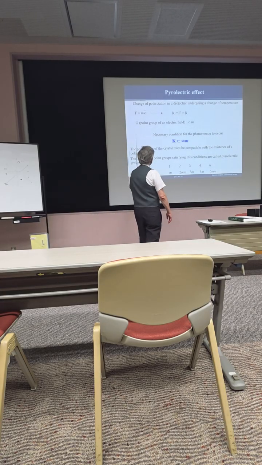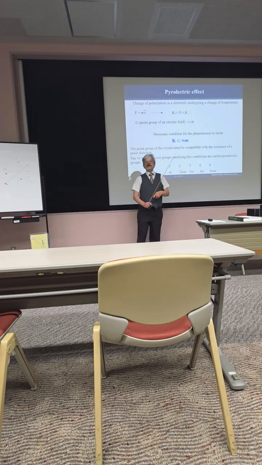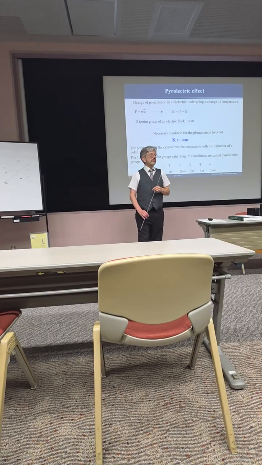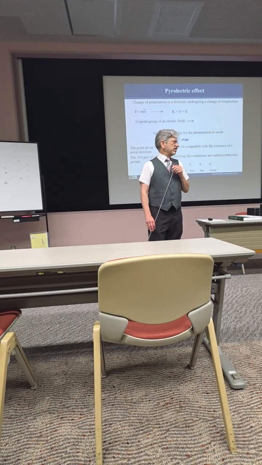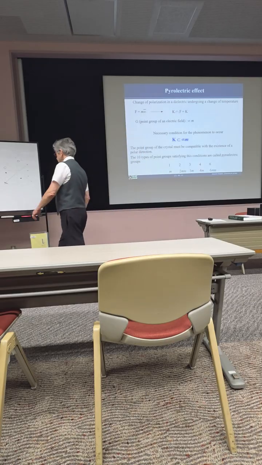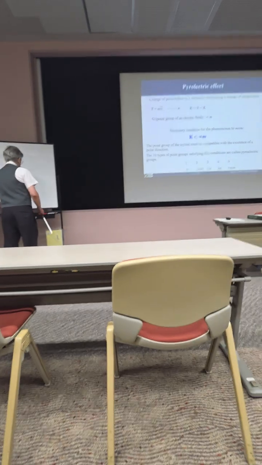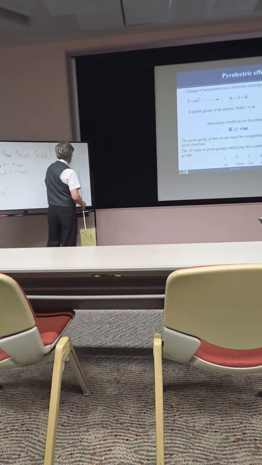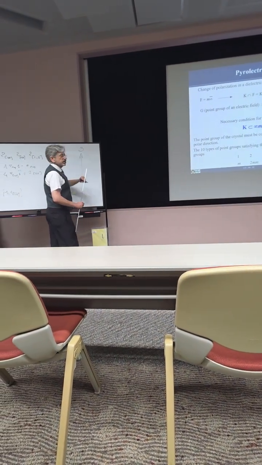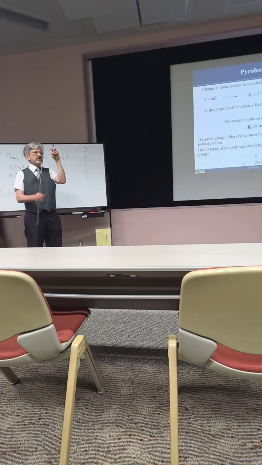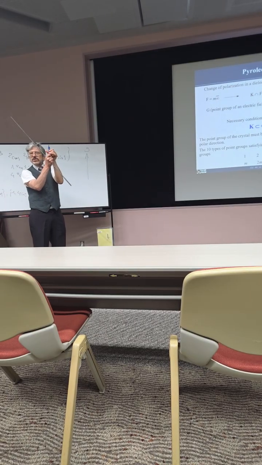So, what is the point group of an electric field? It's a vector, a polar vector. So it is infinity m. When you draw a polar vector like this, you can do any rotation around it.